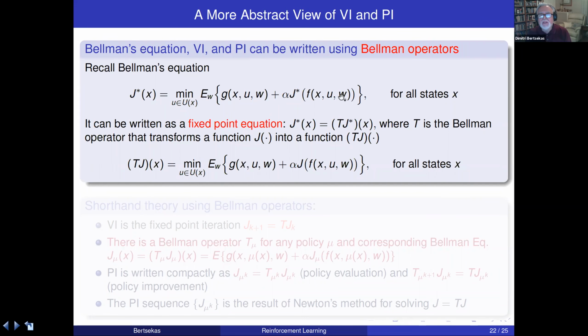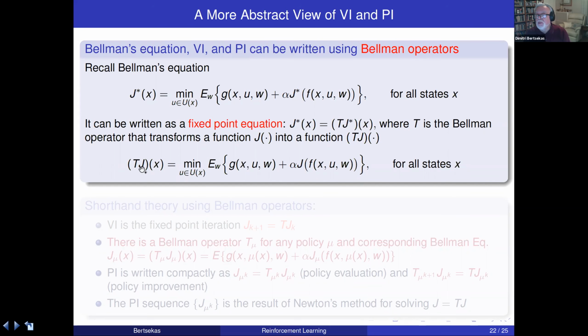This entire right-hand side, we write it as an operation that takes J star into T J star. T is the Bellman operator that transforms a function J into another function, T J. Again, these are functions of the state. So this is the operator.